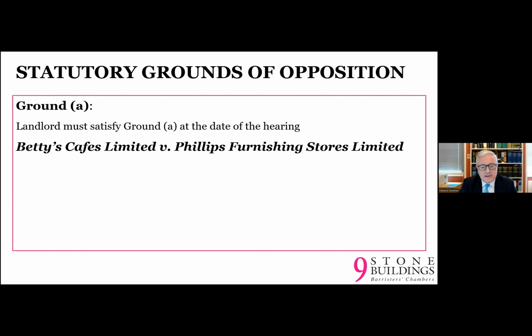I say Betty's Cafe supports that proposition, which has this consequence, that the landlord doesn't have to establish that at the date it served its Section 25 notice or Section 26(6) counter notice that there were breaches of the repairing and maintenance obligations then. Now, it would be an odd situation, I suggest, where the tenant had been entirely compliant with its obligations to repair and maintain, and yet the landlord still served a Section 25 notice or Section 26(6) counter notice saying that it hadn't been.